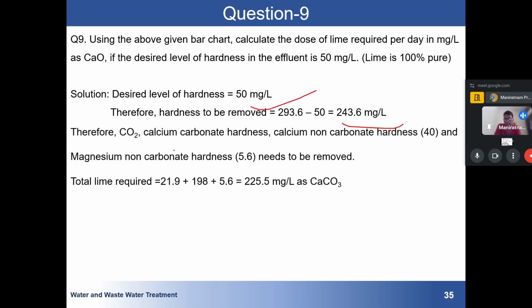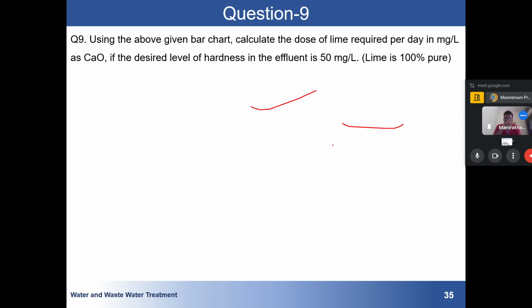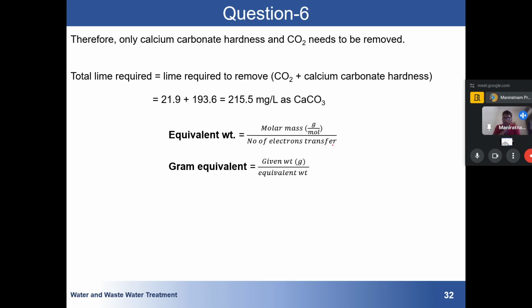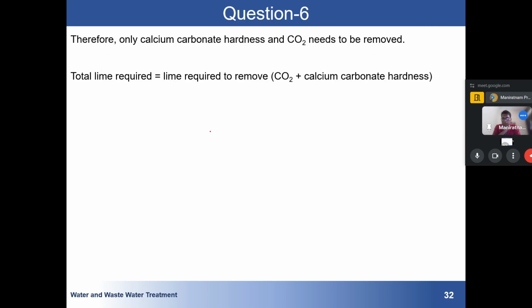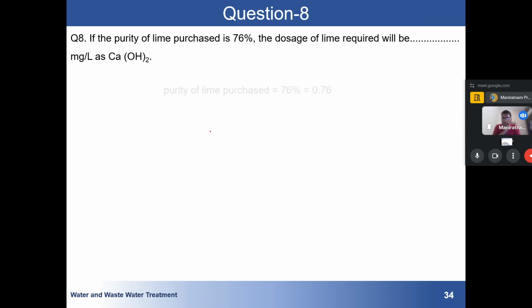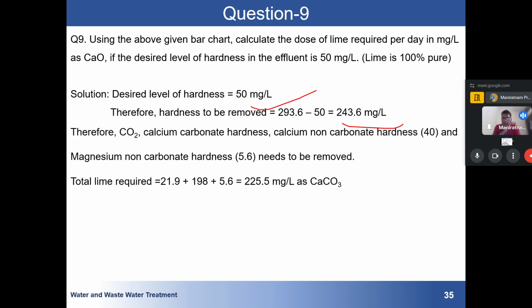Therefore, the calcium carbonate hardness and calcium non-carbonate hardness. Remember, from this question you can see that I have to remove the calcium hardness also, and magnesium hardness also. I hope this is clear to you. And from the graph you can see what the calcium hardness is. First is the CO2, then calcium carbonate hardness, calcium non-carbonate hardness.